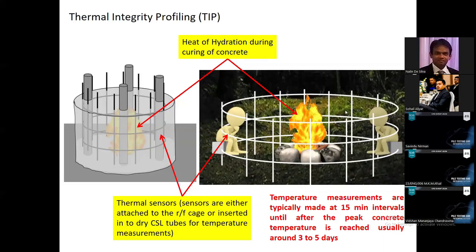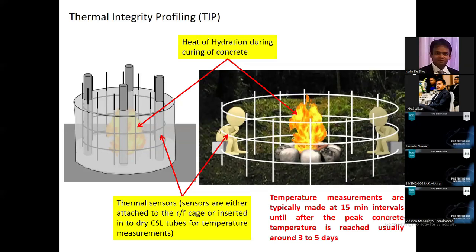If the two sensors are fixed to the rebar cage at an equal distance from the center, then both sensors must detect the same temperature. If one sensor is detecting a higher temperature, that means it is closer to the center, right?